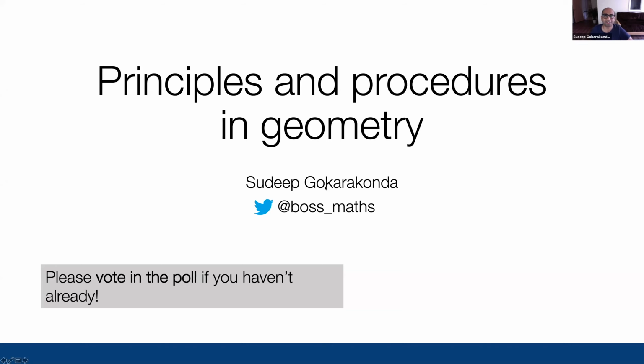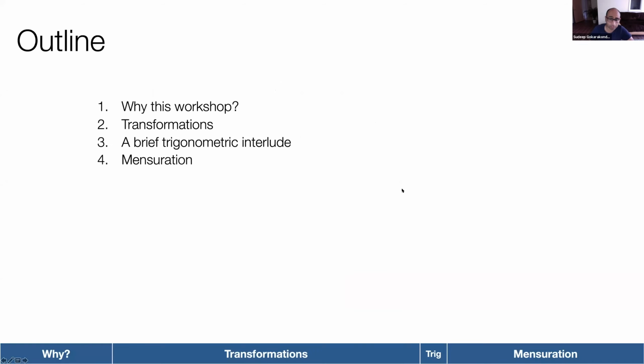Interesting results. Okay. So I'm just going to hide my video so that you can see the screen more clearly. Right, here's how this workshop is going to look. First, I want to briefly explain why I want to talk about principles and procedures, and I'll illustrate a little bit about what I mean by those.